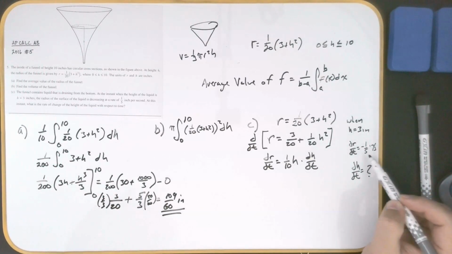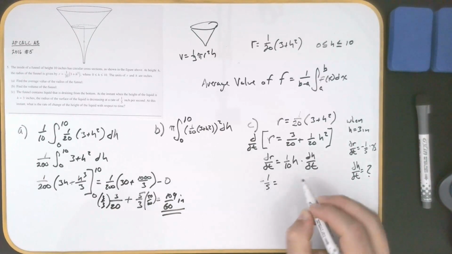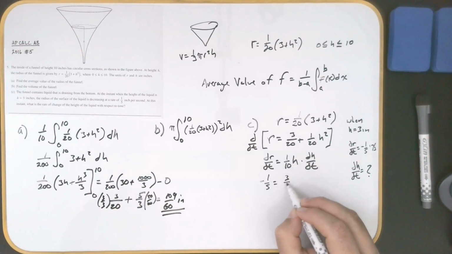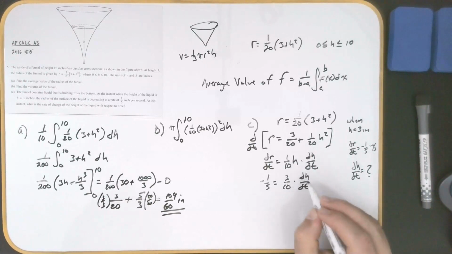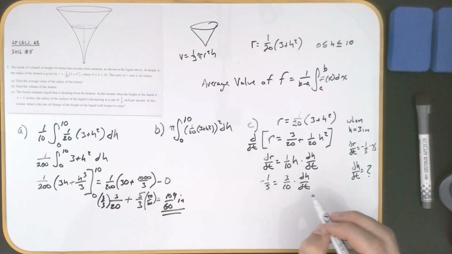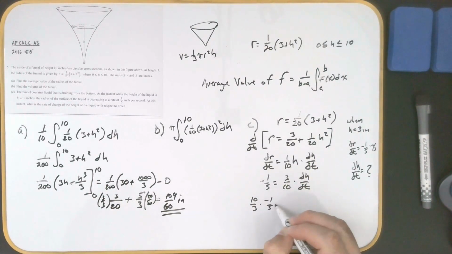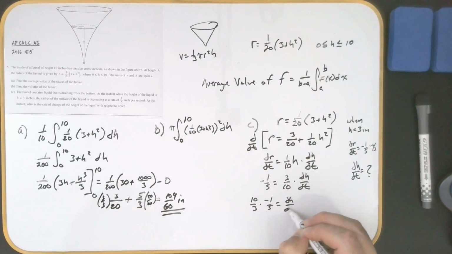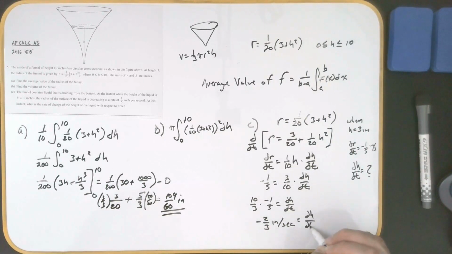They told us dr dt was negative 1/5. So this is negative 1/5 is equal to, h is 3, so this is 3/10, and we're solving for dh dt. Multiply both sides by 10/3, and I get 10/3 times negative 1/5 is equal to my dh dt. Cross cancel there, and I get negative 2/3 inches per second is equal to dh dt.